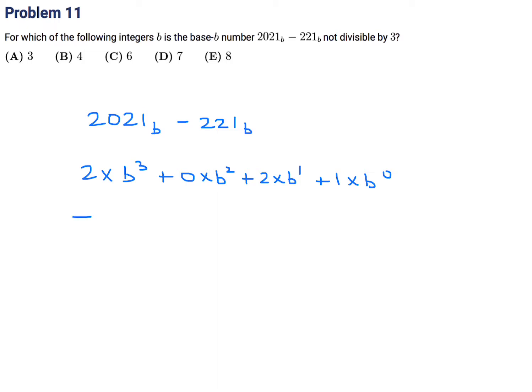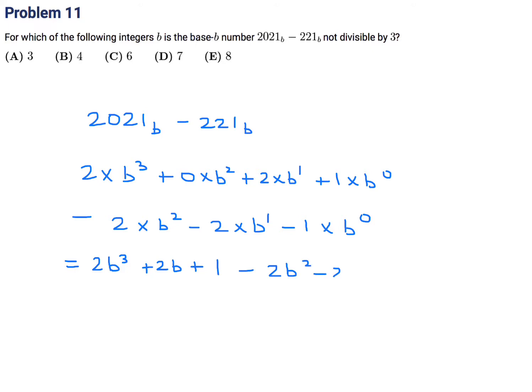And then we're subtracting this, and that's going to be 2 times b squared minus 2 times b to the power of 1 minus 1 times b to the power of 0. So this is 2b cubed plus 2b plus 1, and that is going to be subtracted by 2b squared minus 2b minus 1.